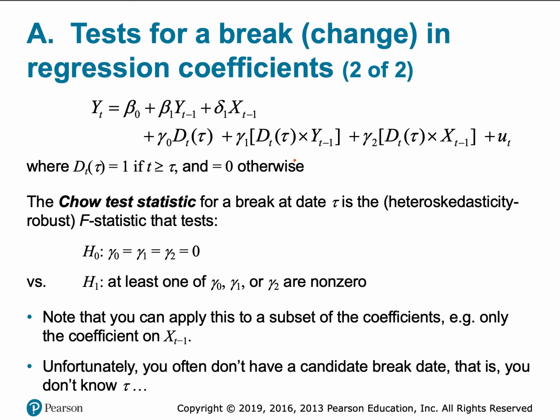We have specified our fully interacted model with this big old rainbow star here, and our test statistic for a break at date tau is the heteroskedasticity-robust F statistic that tests the null hypothesis that gamma 0 equals gamma 1 equals gamma 2 equals 0 against the alternative that at least one of gamma 0, gamma 1, or gamma 2 is non-zero.